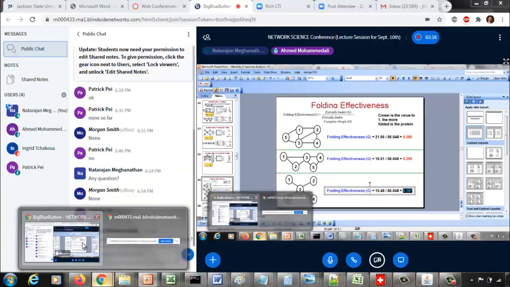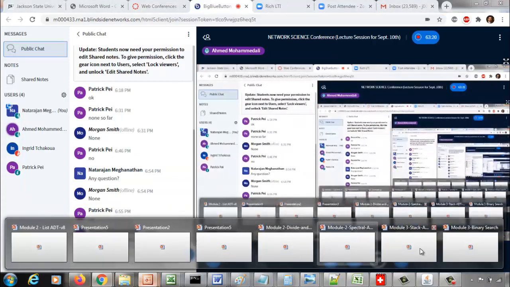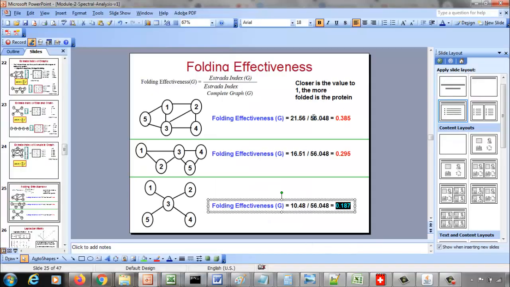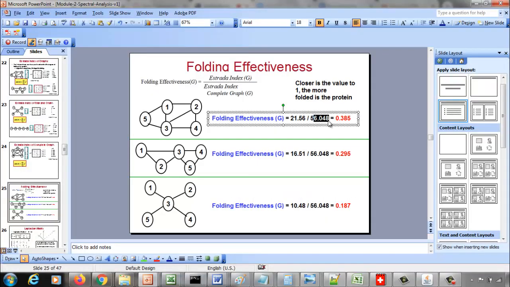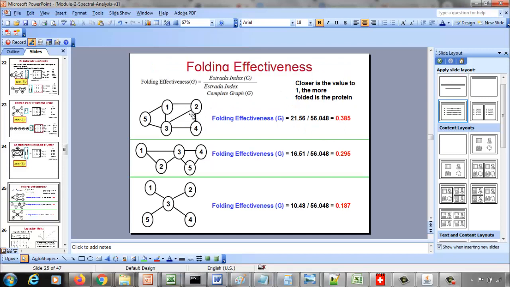The denominator, all of this has the same value, so it only depends on the number of vertices, right? The denominator is based on the number of vertices, because that's for a complete graph of those five vertices. All these graphs, just for comparison, I took the same number of vertices, but you see the topology is different.